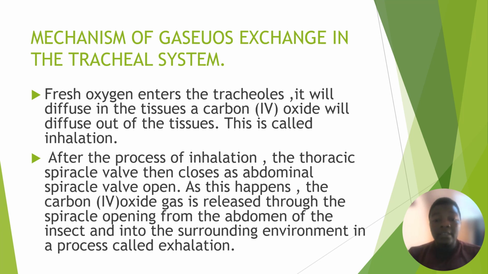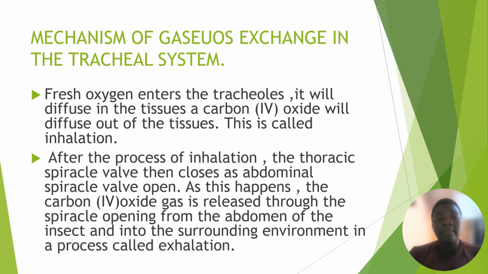So we find that during exhalation, the thoracic spiracle valve closes and the abdominal spiracle valve opens. And during inhalation, the thoracic spiracle valve opens, and the abdominal spiracle valve closes.